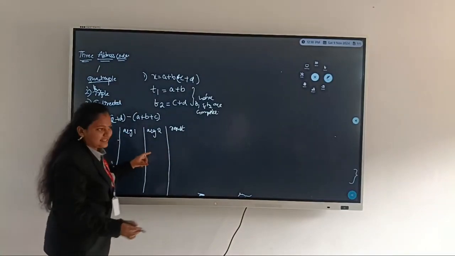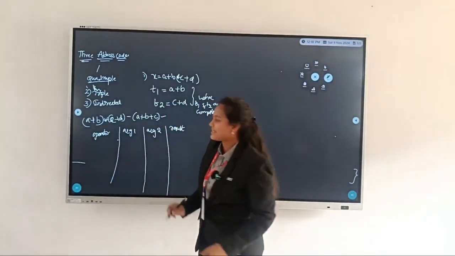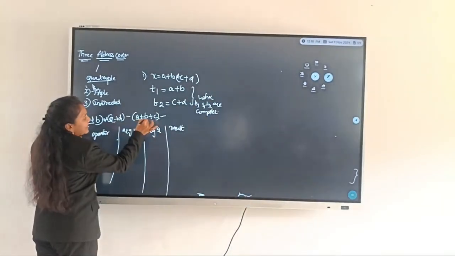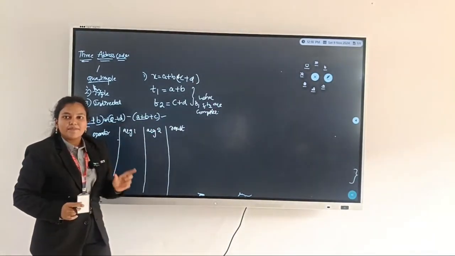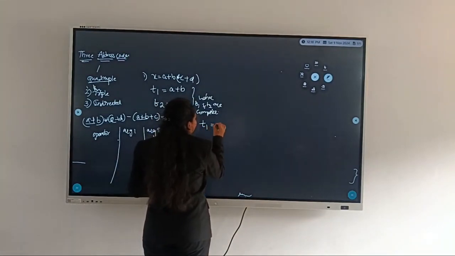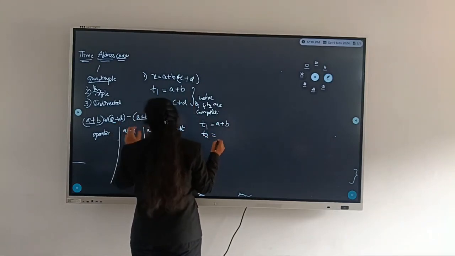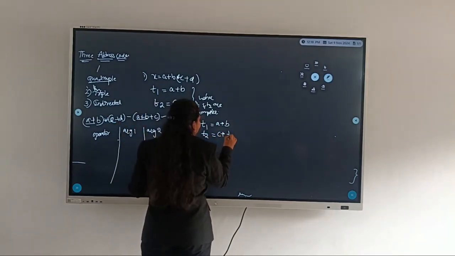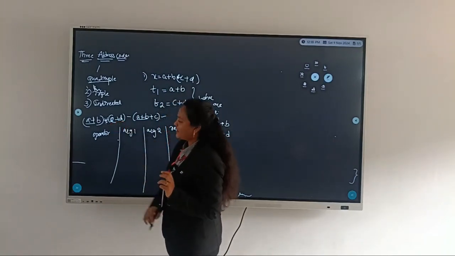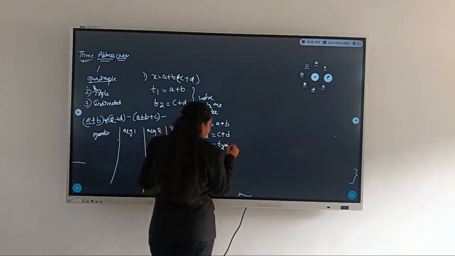First, coming to the symbol table, I would like to make this expression into several parts. As we can see, here is A plus B and here also A plus B. Let us consider A plus B in only one temporary block, that one is T1, which equals A plus B. Then T2 will be C plus D. Then coming to T3, the operator which we use is into, so T1 into T2.